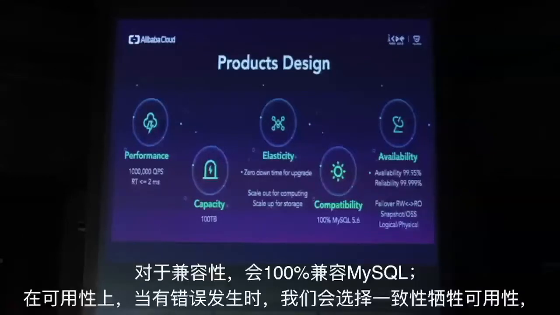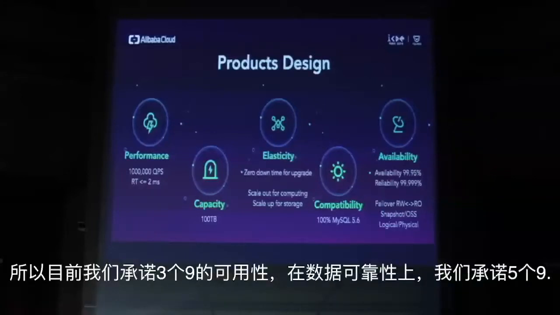For compatibility, it is 100% compatible with MySQL. For availability, when a failure happens, we prefer consistency to availability. So now we promise 3 nines availability, and for data reliability, we promise 5 nines.